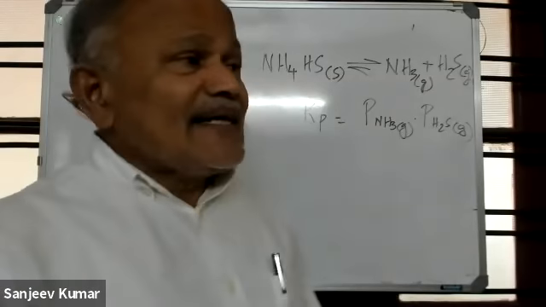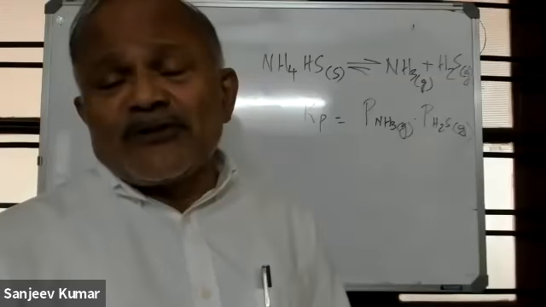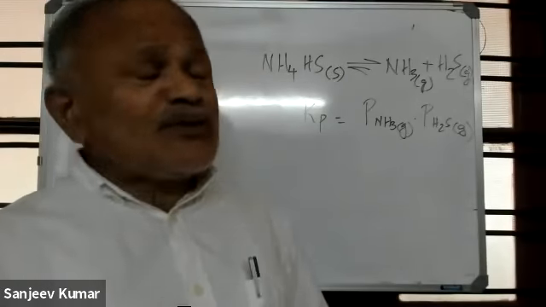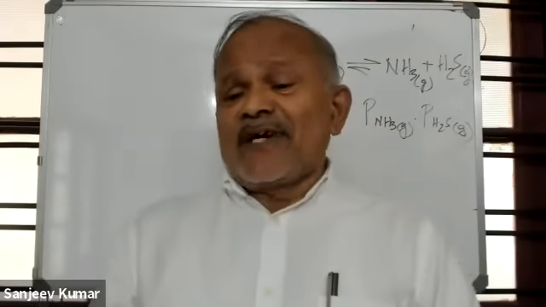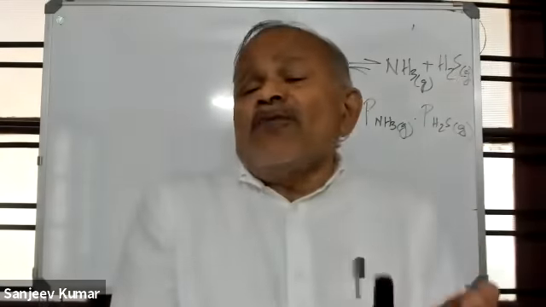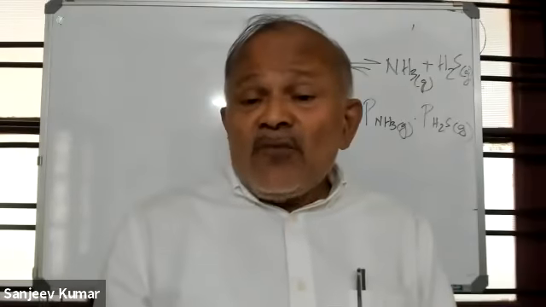Here the total pressure is 1.2 atmosphere, and the pressure is due to the gaseous mixture of ammonia gas and hydrogen sulfide gas. When 1 mole of ammonium hydrogen sulfide dissociates, you get 1 mole of ammonia gas and 1 mole of hydrogen sulfide gas.